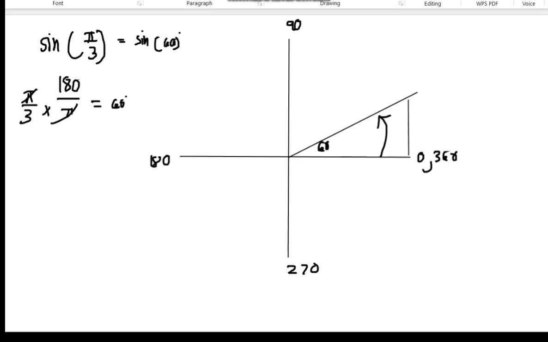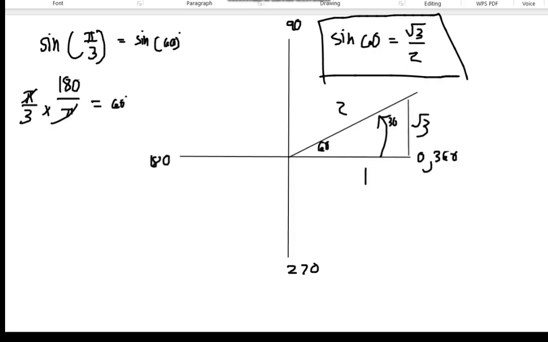You all know the values from earlier. 60 here, and 30 degrees here. I'm not going to put any numbers because we all know that sine 60 is root 3 over 2. So if I put the value, it looks like this. And that's it for this.